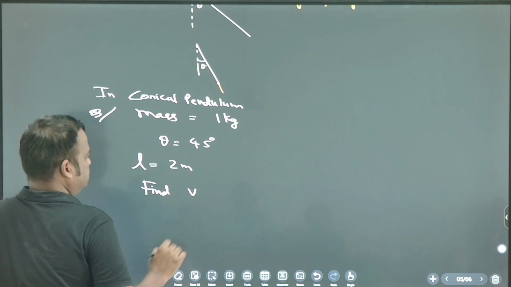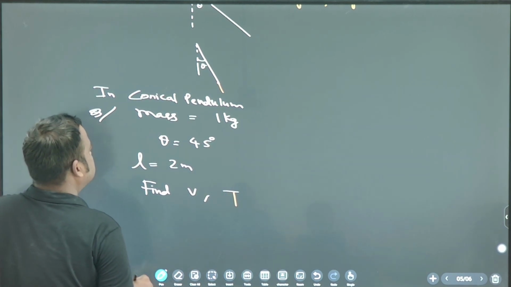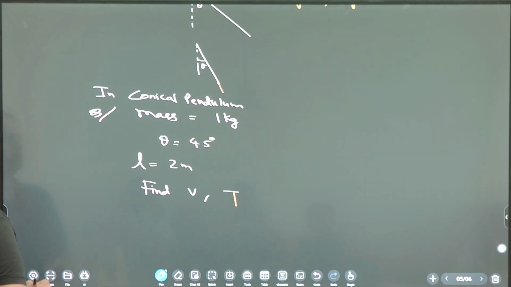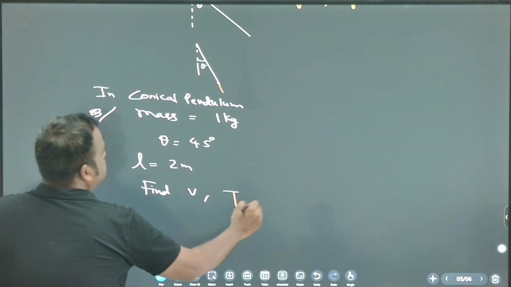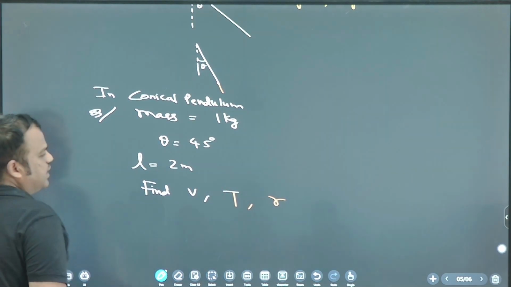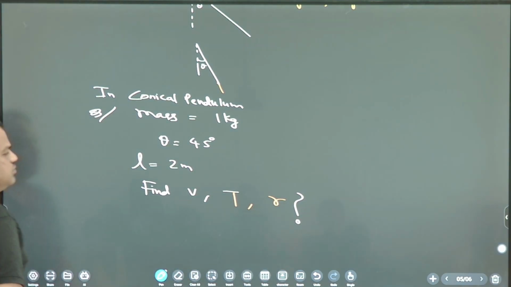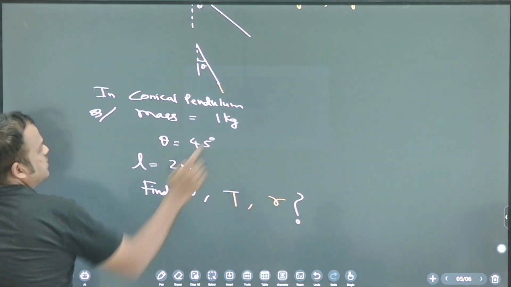Find speed, tension and radius. Calculate. Now length is given, theta is given. How to find R? L sin theta.